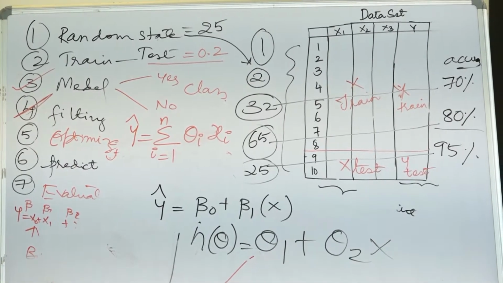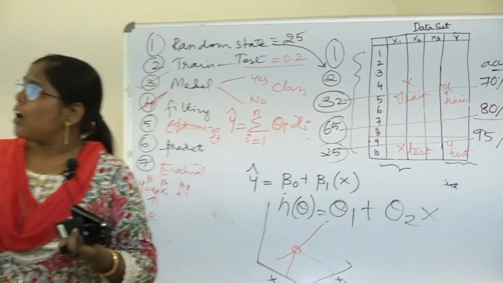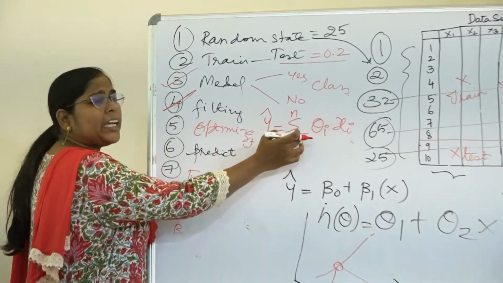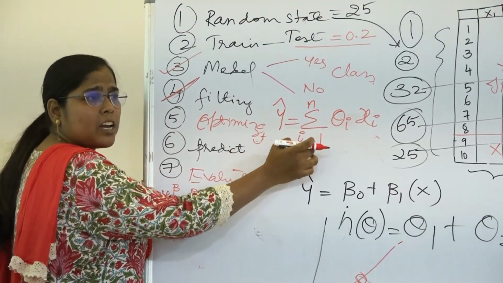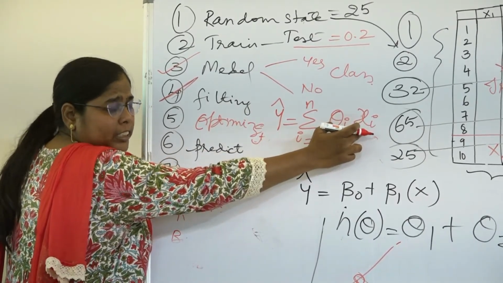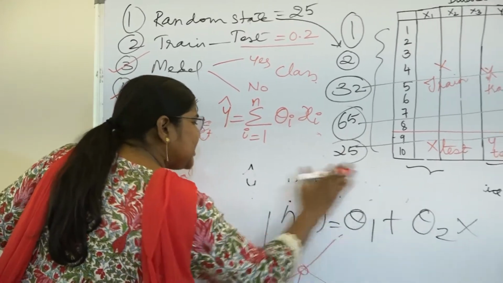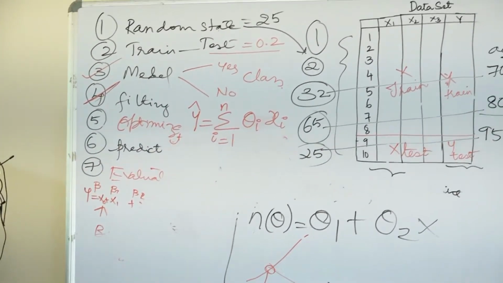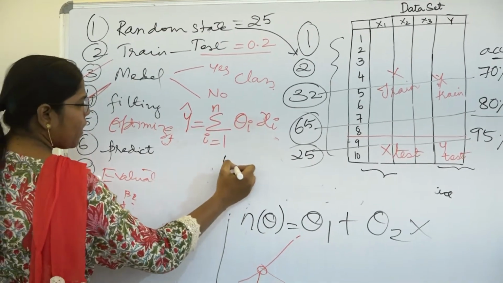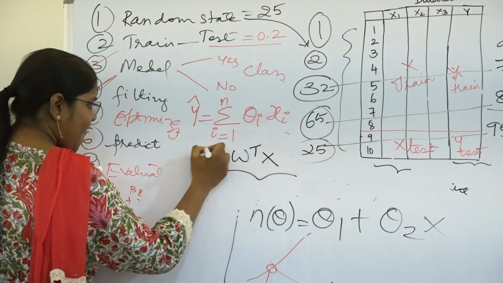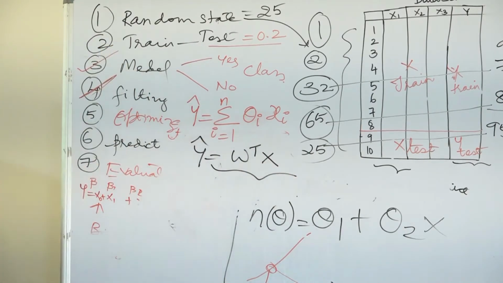Now, when I talk about y cap as the summation of i from 1 to n of theta i into x i, can I write this in another way?